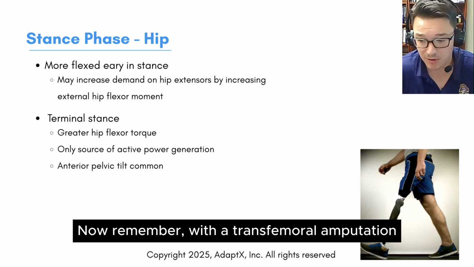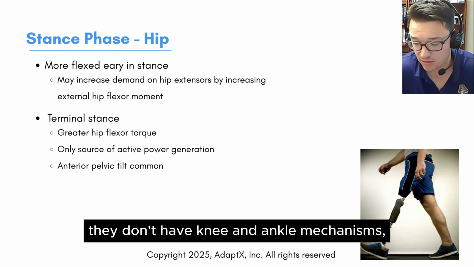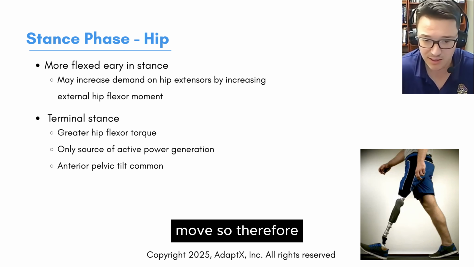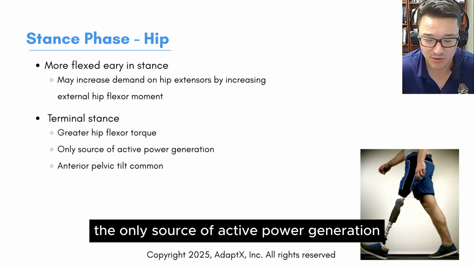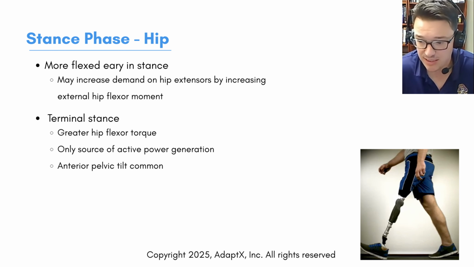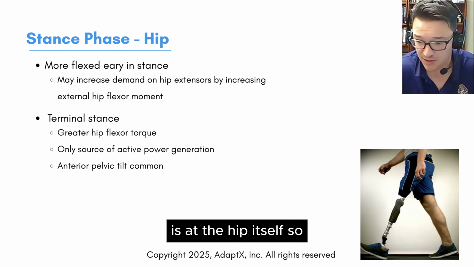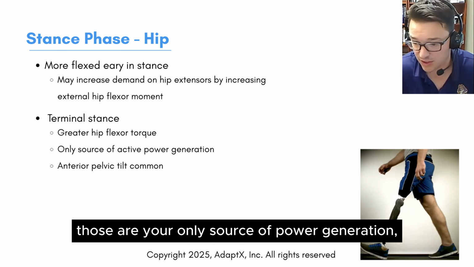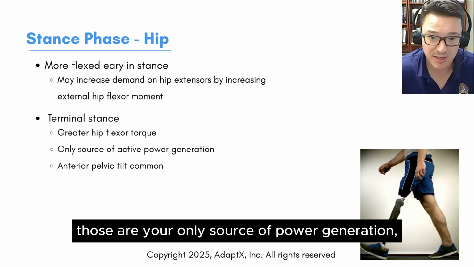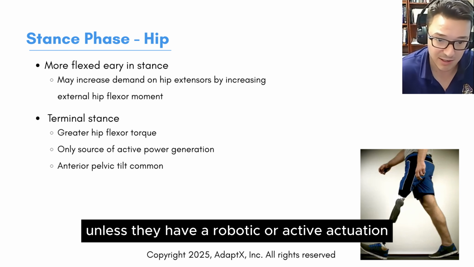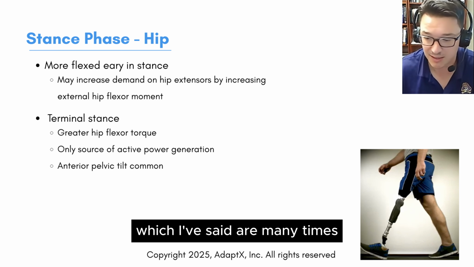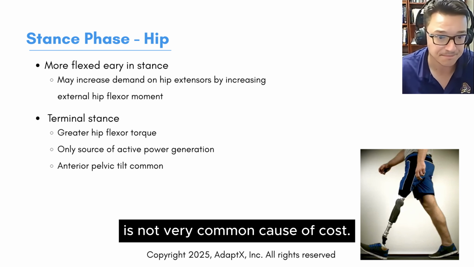Now, remember, with a transfemoral amputation, they don't have knee and ankle mechanisms and therefore have limited muscles to cross over and move. So the only source of active power generation is at the hip itself. So your hip flexors and some of the muscles that cross the hip are your only source of power generation, unless they have a robotic or active actuation ankle and knee mechanism, which, like I said, many times is not very common because of cost.